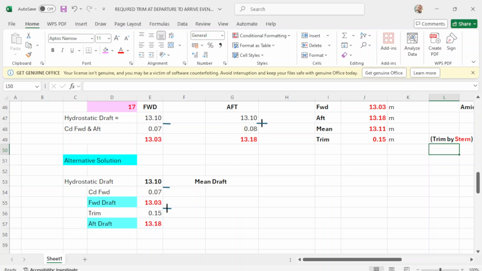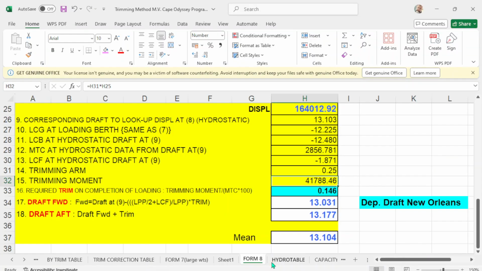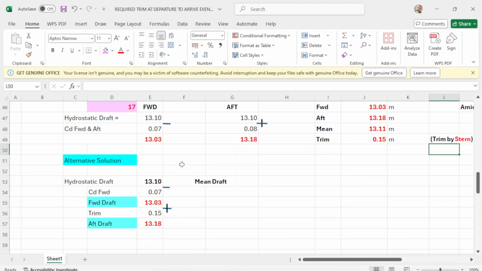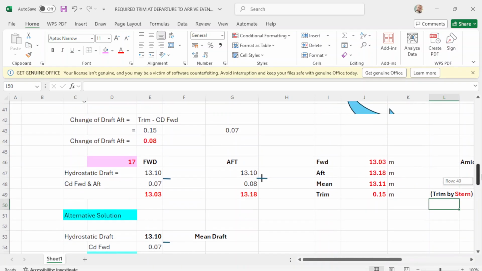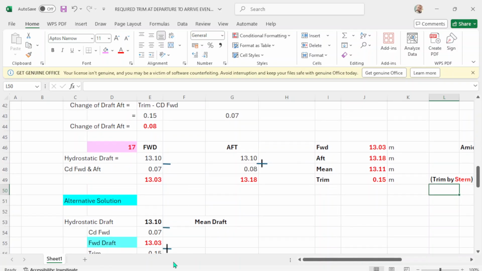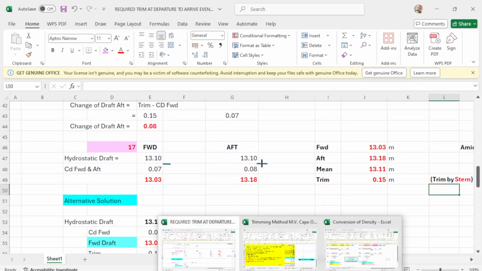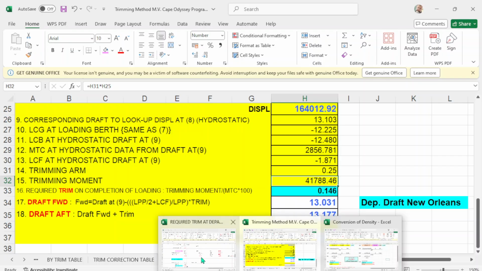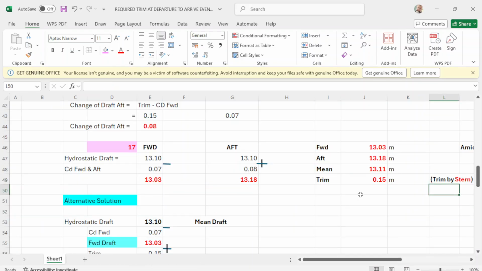So what is the final drop here? Final drop forward is 13.03. Your aft drop is 13.18, and I got here 13.18.